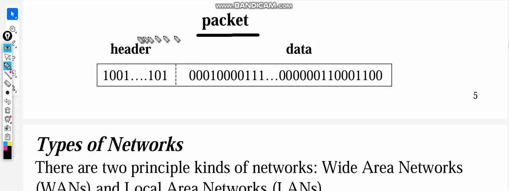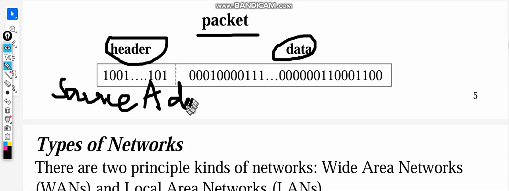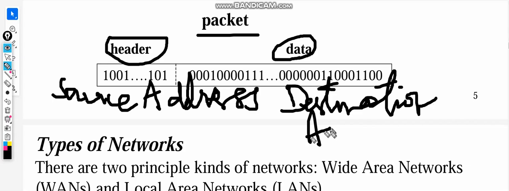So what is a packet? A packet contains header and data. What does the header contain? Header contains source address, destination address, and sequencing information.